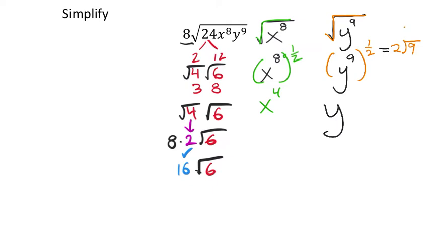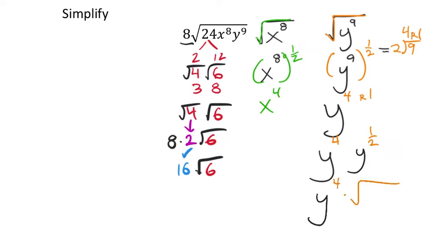And that would be 4 with a remainder of 1. Okay, so why is that important? Because you got 4 with a remainder of 1. That means that you have y to the power of 4. And then the remainder of 1, again, I'm going to show extra steps here, but that'd be y to the power of 1/2 left over, or 4.5, like if you change that to a mixed number. And then that would be y to the power of 4 times the square root of y.